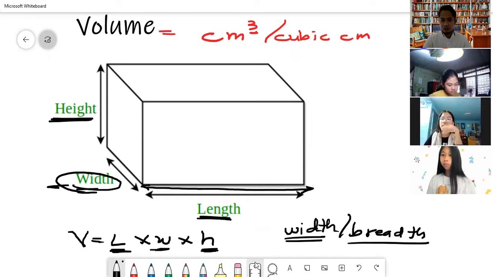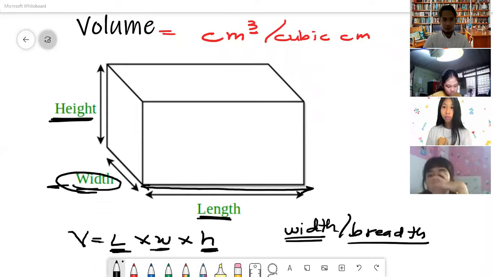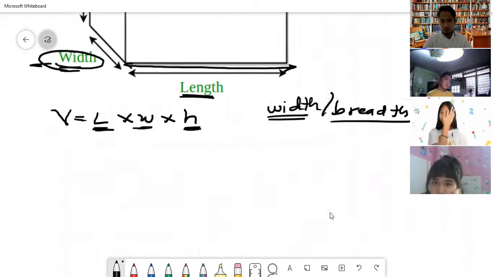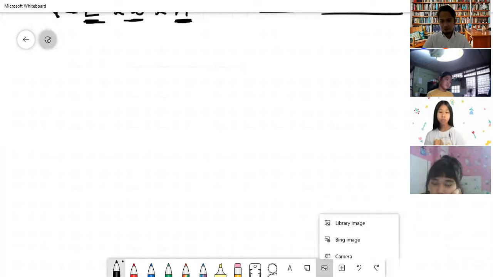Let me see if I can download the square cuboid. For example, here I will put it down here.